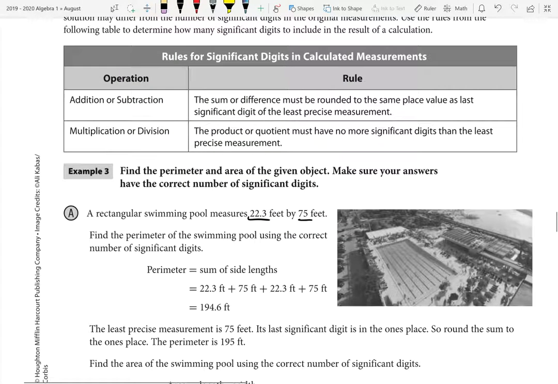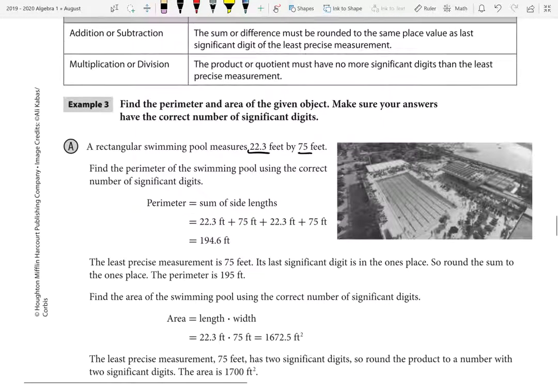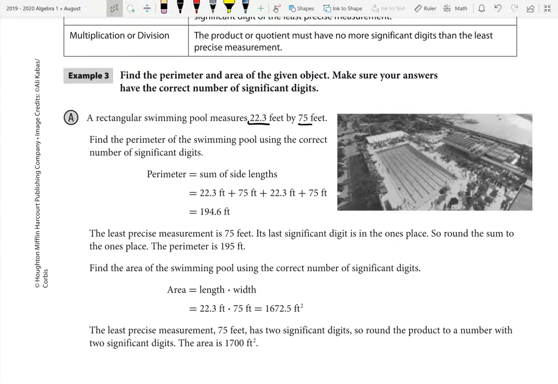Remember, we're looking for the least precise one. 75 is the least precise because it doesn't go into that decimal. If you're wondering where that's coming from, watch part 1. If you haven't watched part 1, I explain how you can tell which numbers are least precise or more precise. But anyway, 75 is the least precise number here. Just keep that in mind.